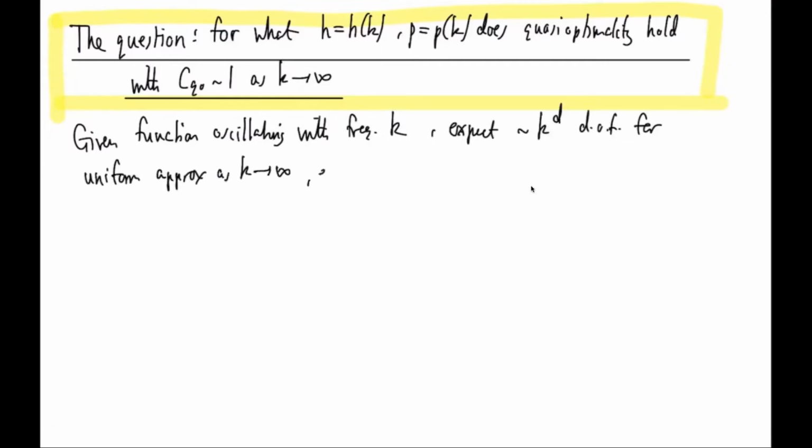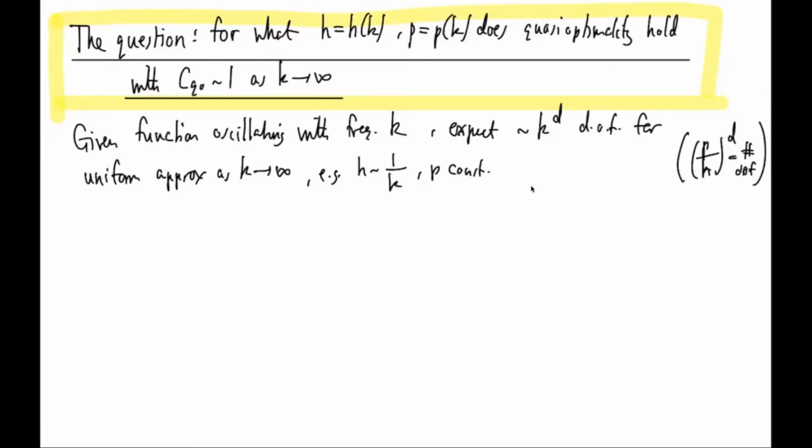So for example, h going like 1 over k and p fixed, p constant. Remember, I told you that the total number of degrees of freedom, the number of degrees of freedom of my piecewise polynomial space, is p over h to the d.